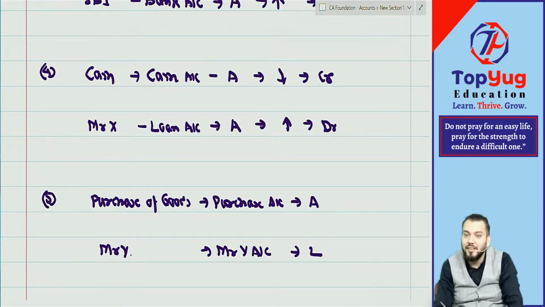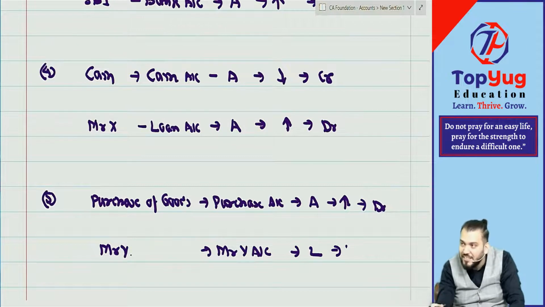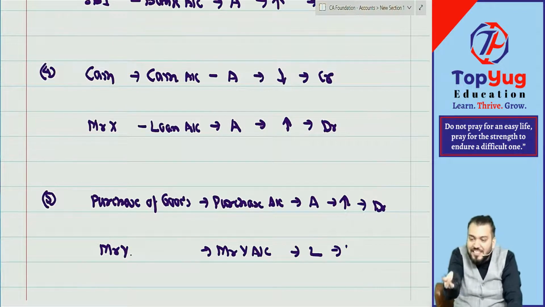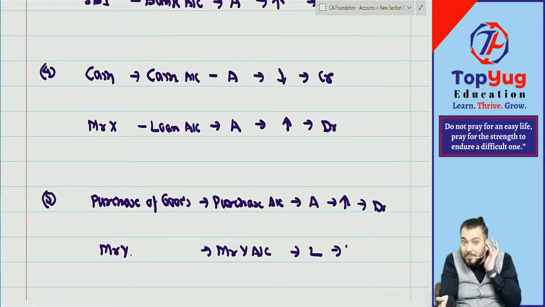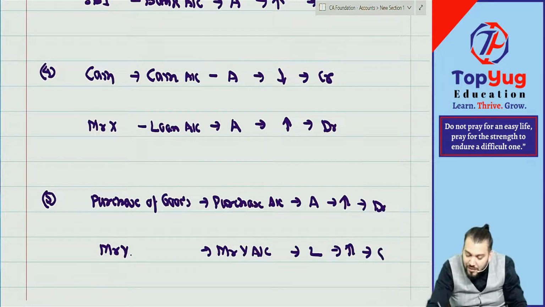Liability. Correct. Now this goods means asset is increasing or decreasing? And this liability is also increasing or decreasing? The amount payable is increasing now. So the liability is increasing. The liability increasing means what? Credit.